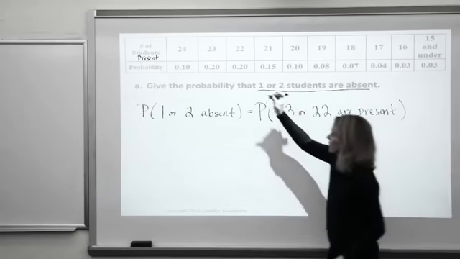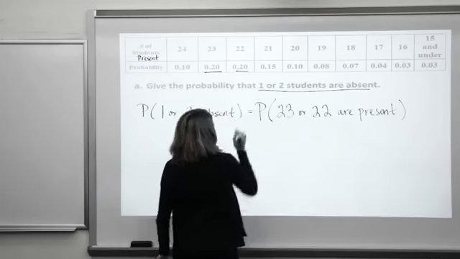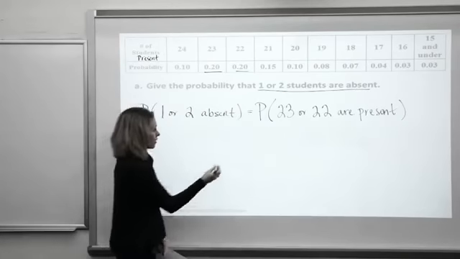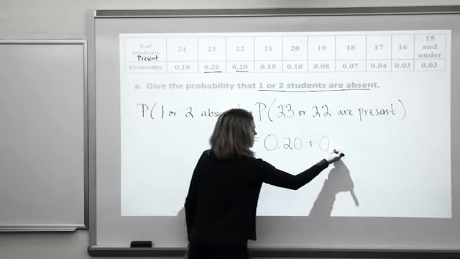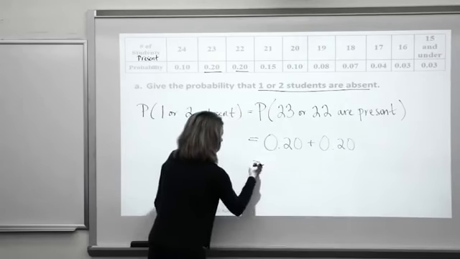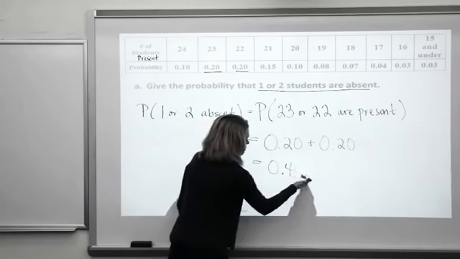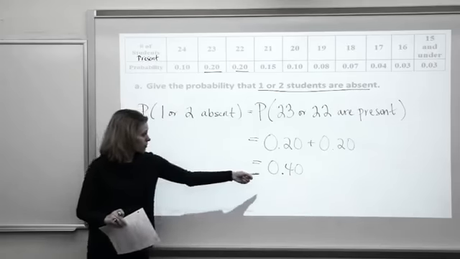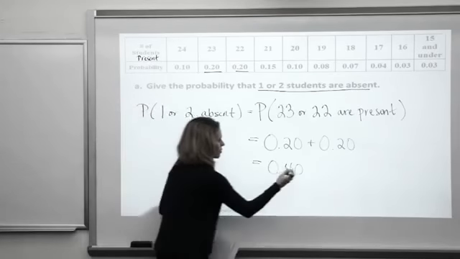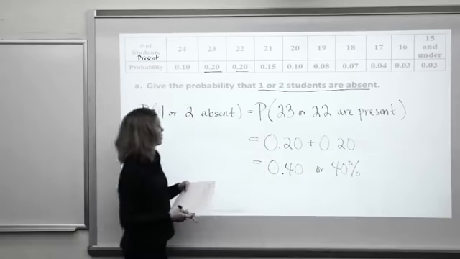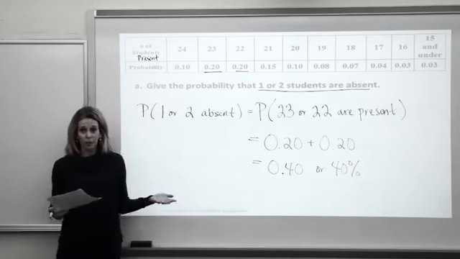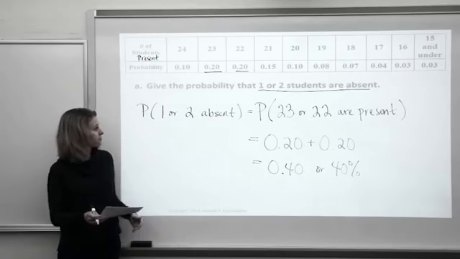Those probabilities are given, so we simply take those 2 probabilities and add them together. We estimate a 0.40 probability, or a 40% probability, that we have 1 or 2 students absent on any given day.